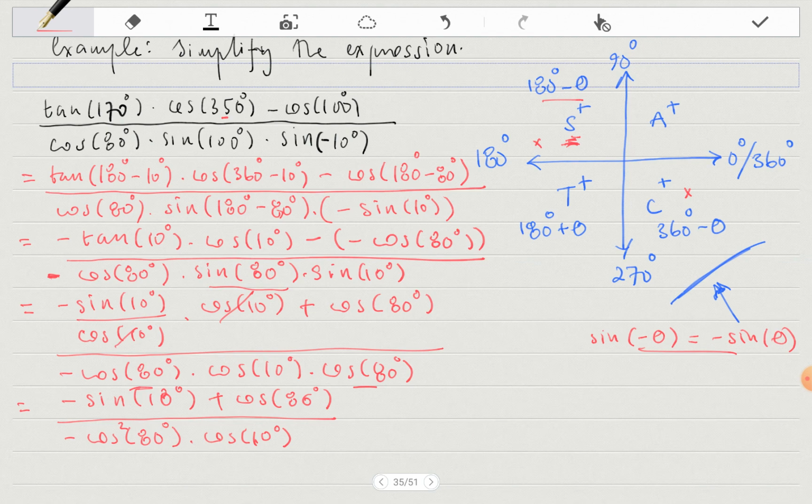Let's rewrite this. We've got something interesting happening right here. I'm just going to scale this down so we can put all of this on this page.